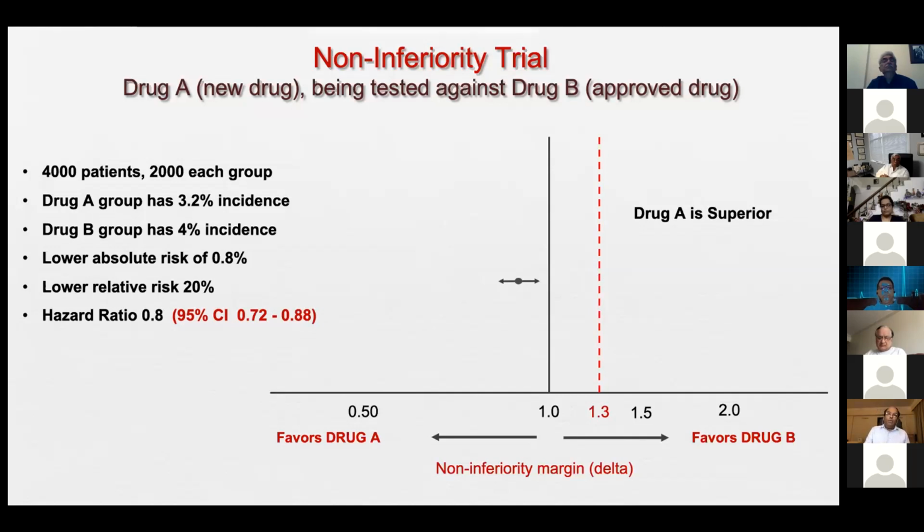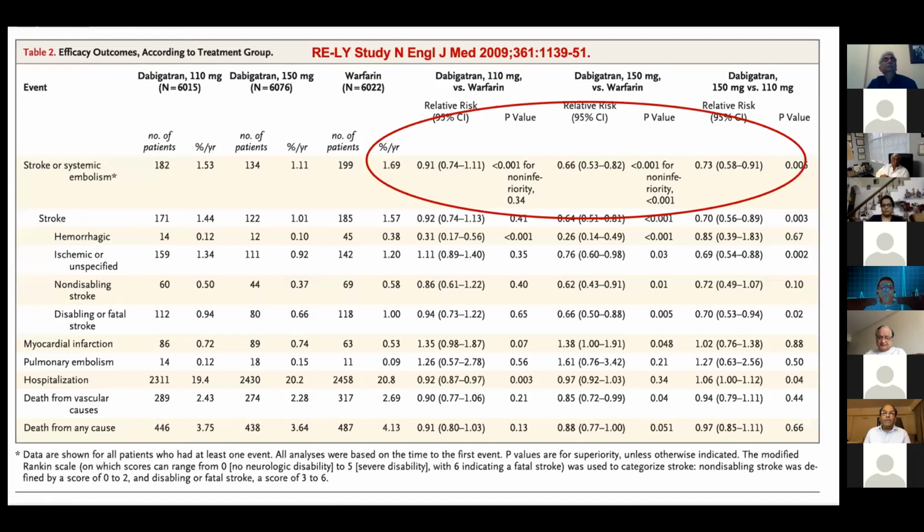Now, all of us have seen the RELY trial. The RELY trial was done basically to prove non-inferiority of dabigatran against warfarin. But all the values were eventually calculated like for a superiority trial. You can see in dabigatran, here we have 110 milligram and here we have 150 milligram.